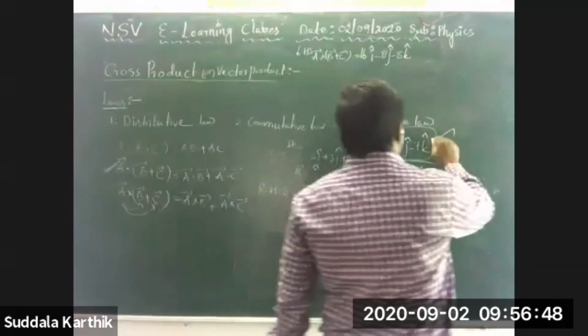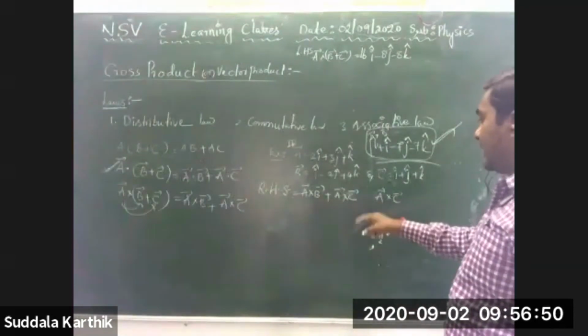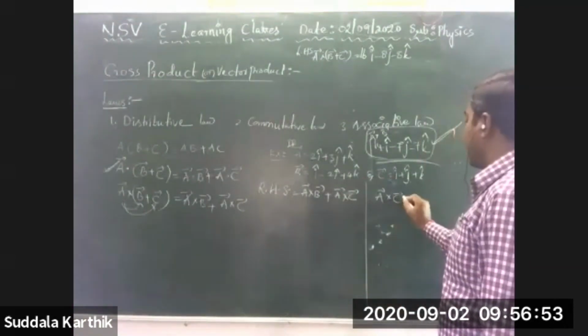A bar cross B bar I have already calculated from these two vectors, so I am not going to calculate it again. Now I want to calculate A bar cross C bar.